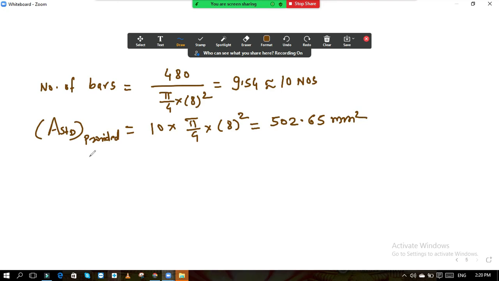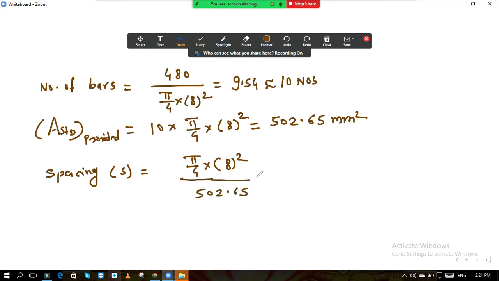Now calculate the spacing. Spacing S is equal to pi by 4 into 8 square divided by 502.65 into 1000.